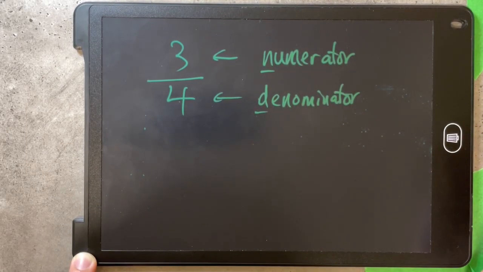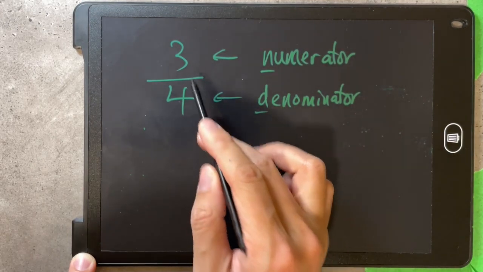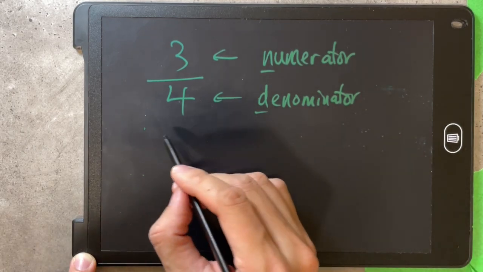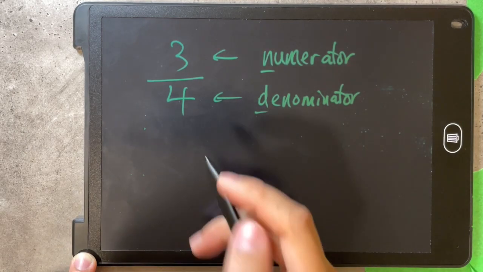Now when we're comparing fractions, there are two ways to do it. Well, there's actually a third way, but that way is more difficult.